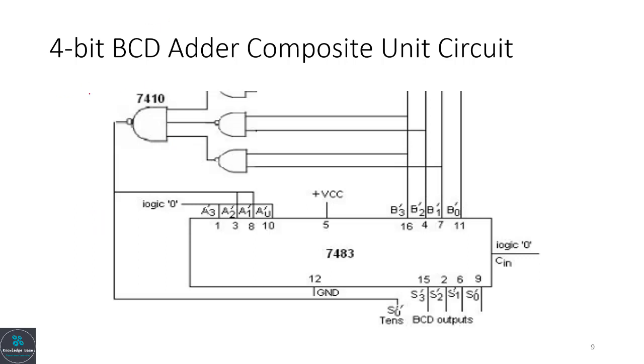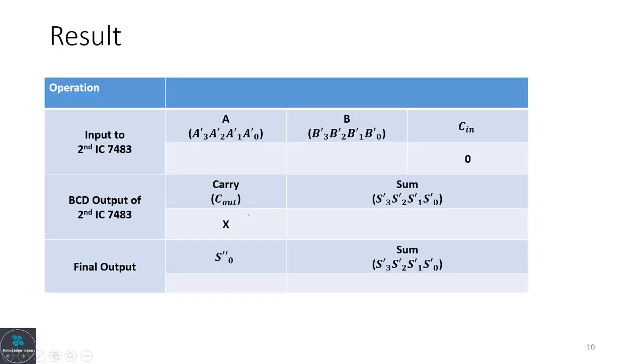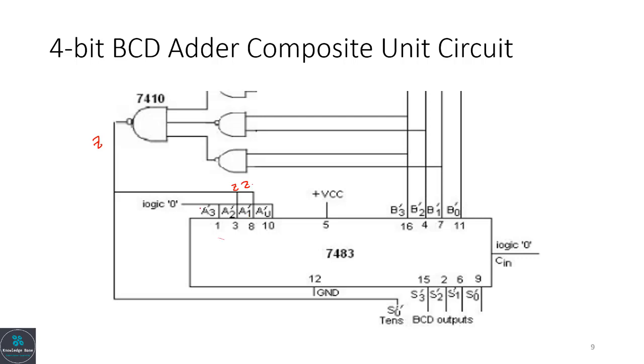Now Z, you can see that in this part, the Z is going to A2 and A1. Remember, please understand that here we are using the bar to represent a different number, not the complement. So A3 bar doesn't mean that it is A3 complement, it is just a new representation.